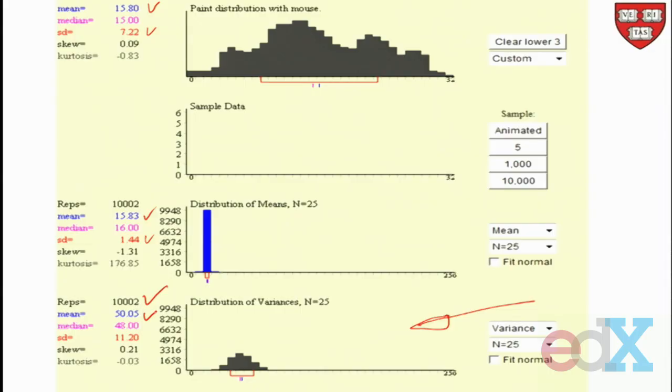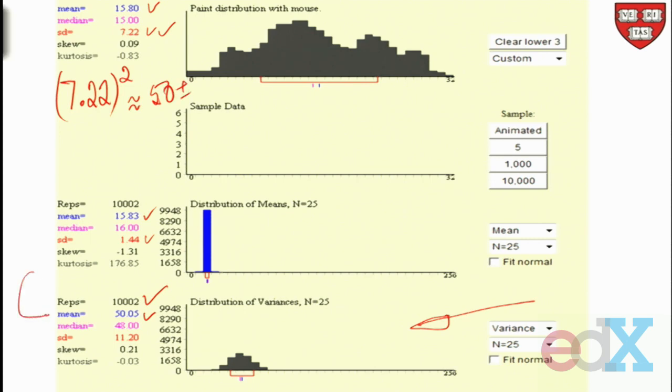How does that relate to the population variance? Well, unfortunately, we don't get the population variance. We get the population standard deviation. So the population variance would be 7.22 squared, which is roughly 50 plus or minus something. What do we got here?